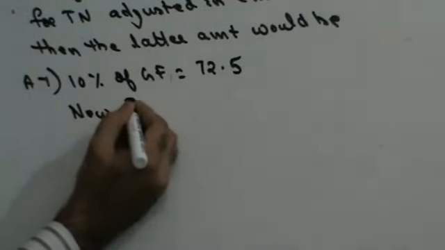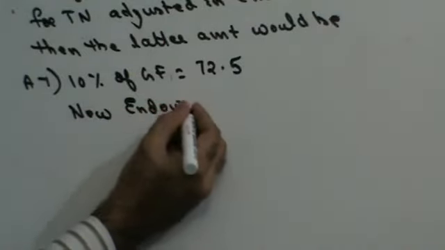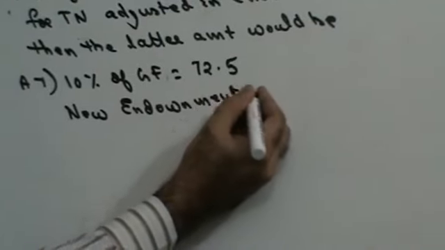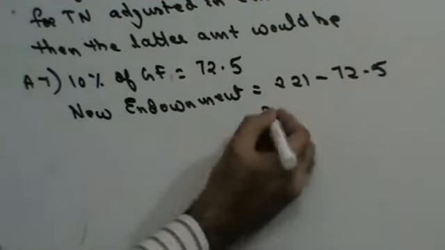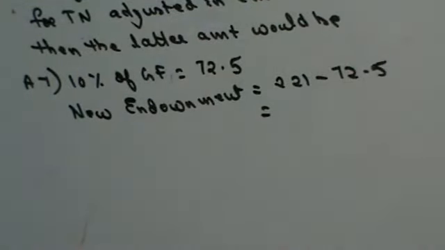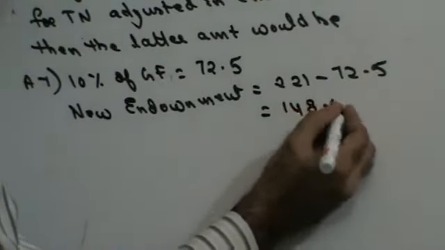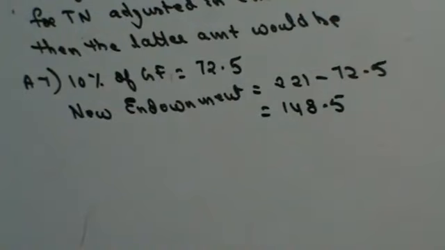So the new endowment figure, endowments for Tamil Nadu was 221 minus 72.5, which will work out to 148.5. So the new endowment figure will be 148.5.